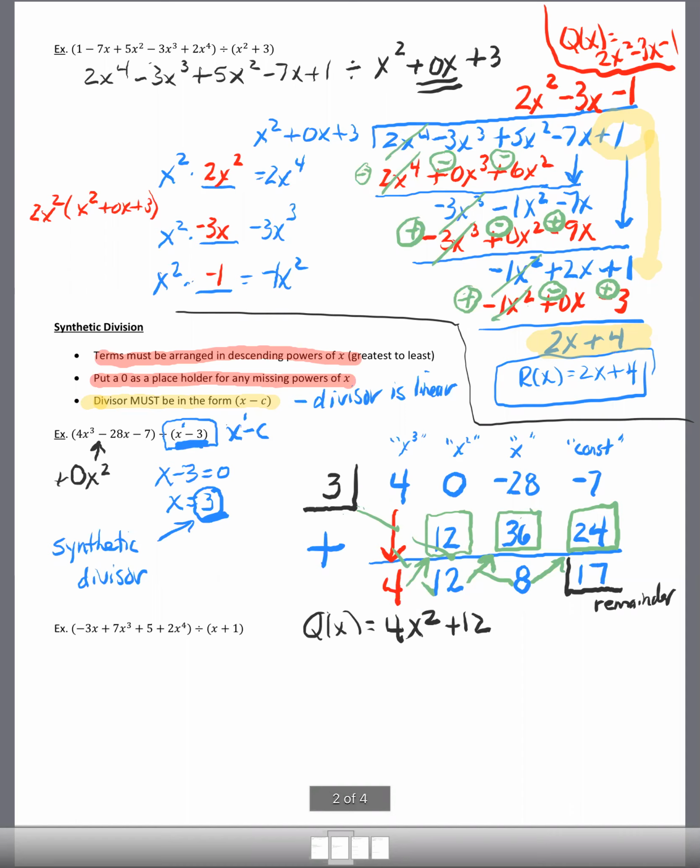The 12 was in the x squared column, now it's just x. And then this is a positive 8, so plus 8. And it was in the x column, it's now going to be 1 less power, which is a constant. So here's our quotient, 4x squared plus 12x plus 8. And your remainder is 17.